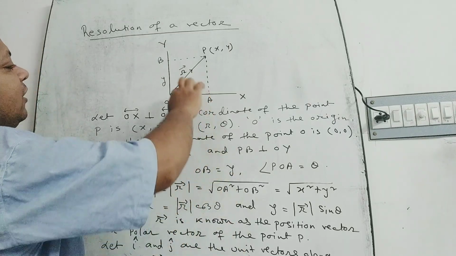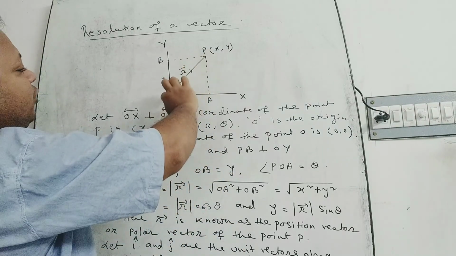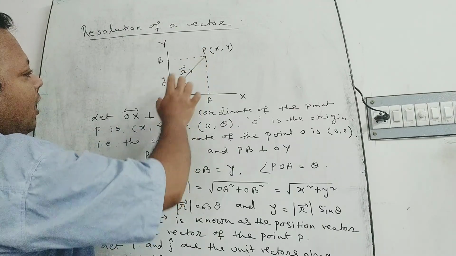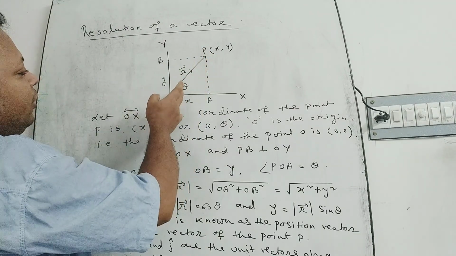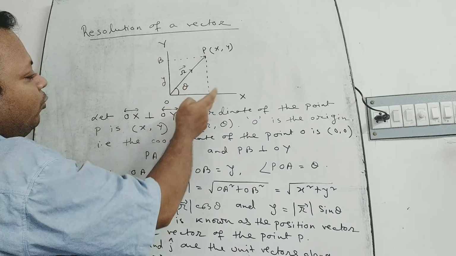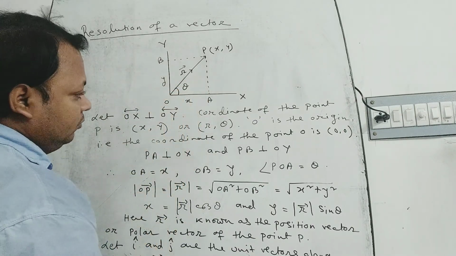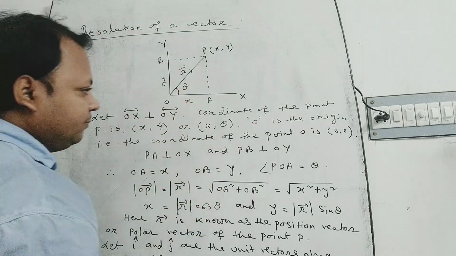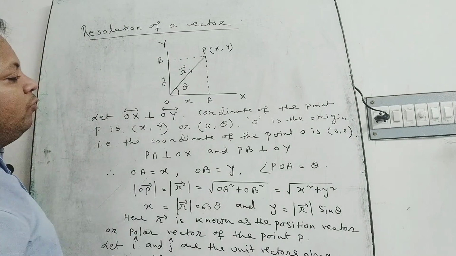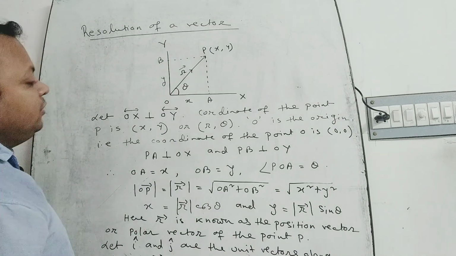That is, the distance between the origin O and the point P is r, and OP makes an angle theta with the positive x-axis. Here O is the origin, that is, the coordinate of the origin is (0, 0).